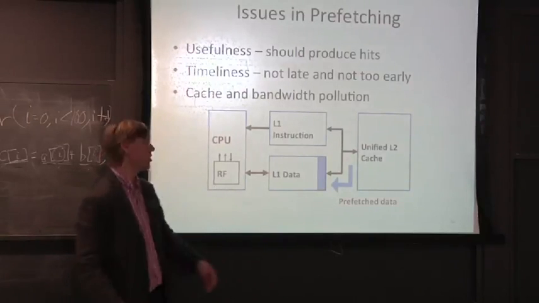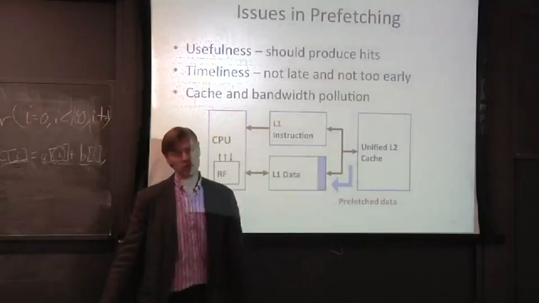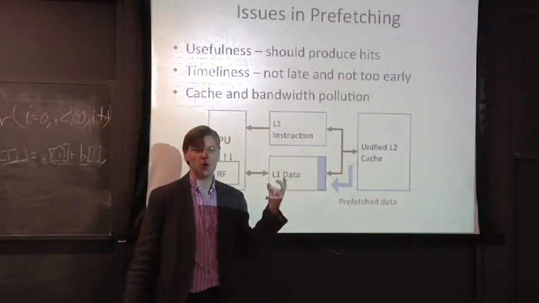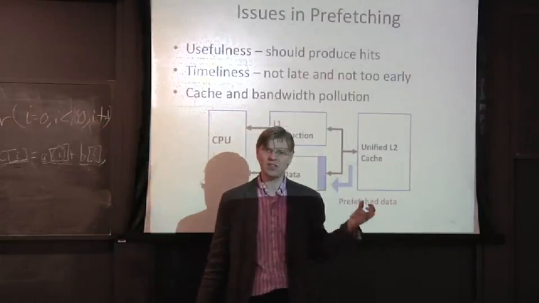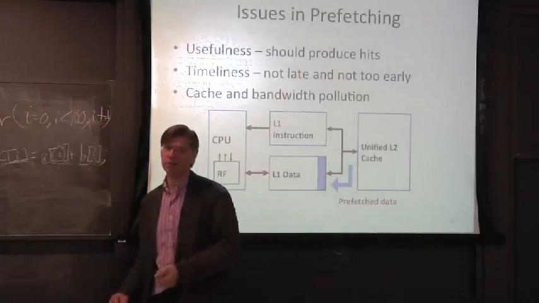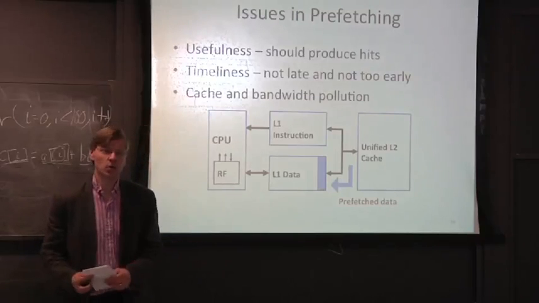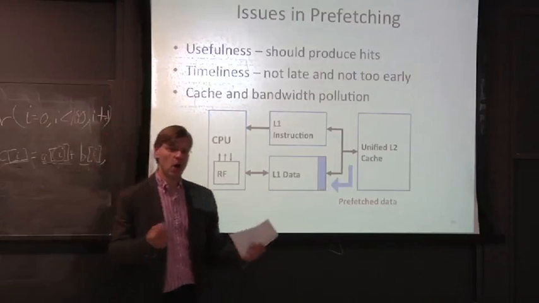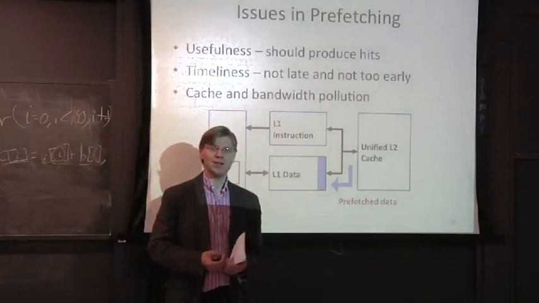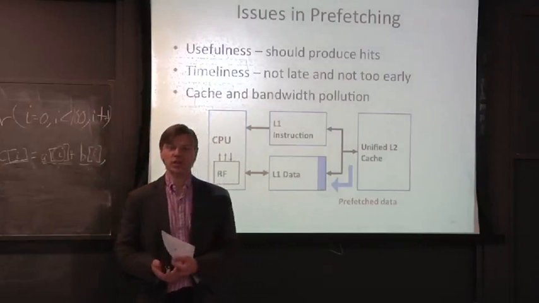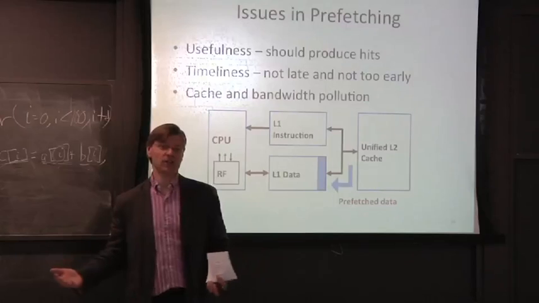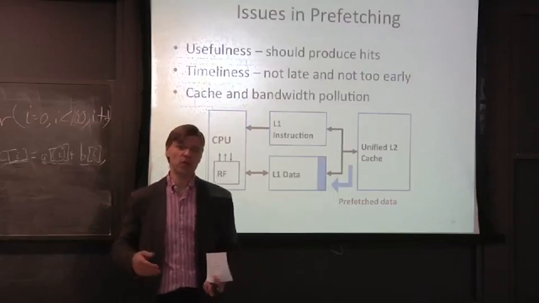And as we've already discussed, you can have significant cache and bandwidth pollution here. So you can pollute the capacity of the cache, and you can waste a lot of bandwidth. And this is a problem if, for instance, you're on a multi-core chip or a many-core chip, and off-chip memory bandwidth is really important, and it's a really limited resource. You may not want to actually have any prefetch turned on because you might just be wasting bandwidth.